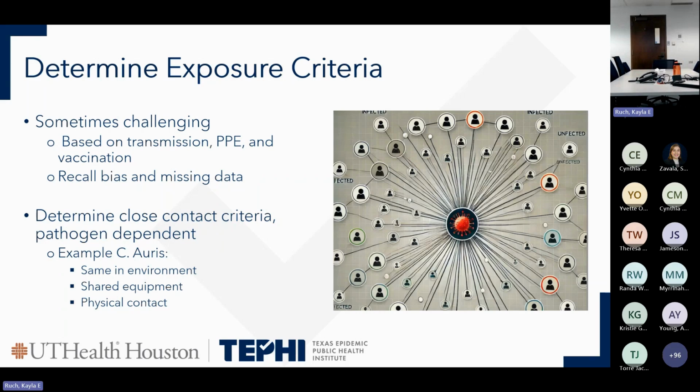It can also be challenging because when you're interviewing people that have been potentially exposed to the infectious person or pathogen, you might encounter some recall bias, where they can't really remember when they were around them. Was it a day ago? Was it 2 weeks ago?